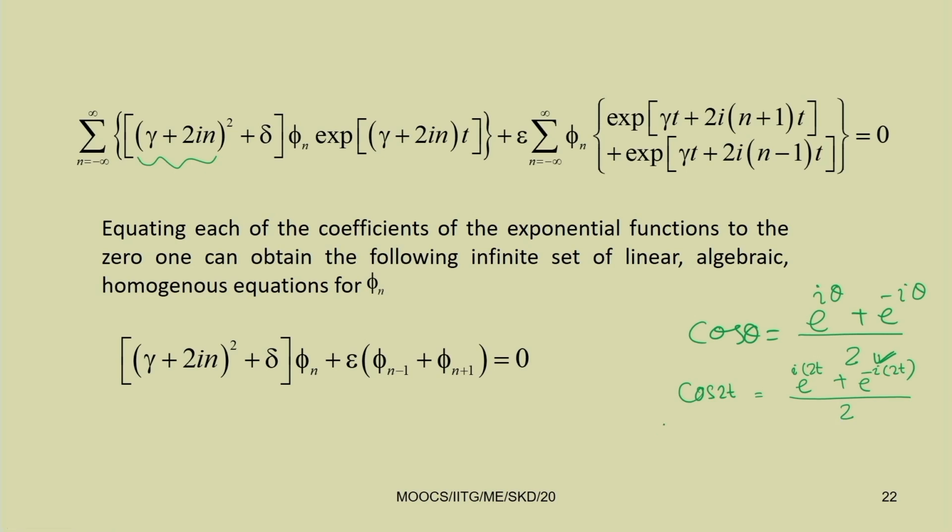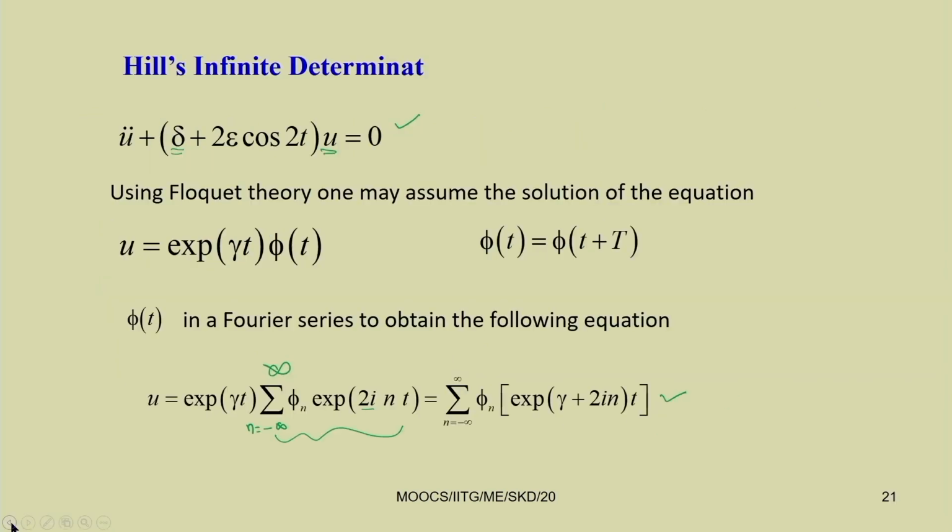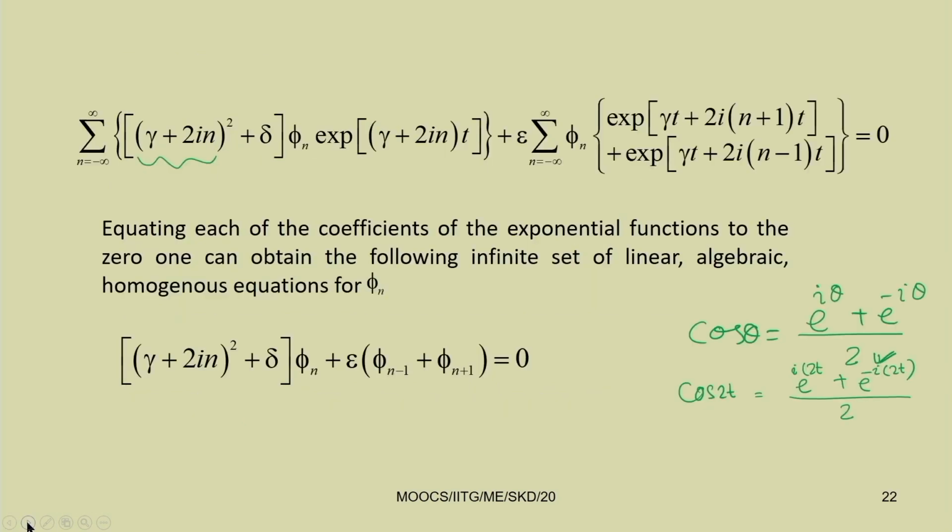So it becomes epsilon into e to the power i 2 t plus e to the power minus i 2 t.